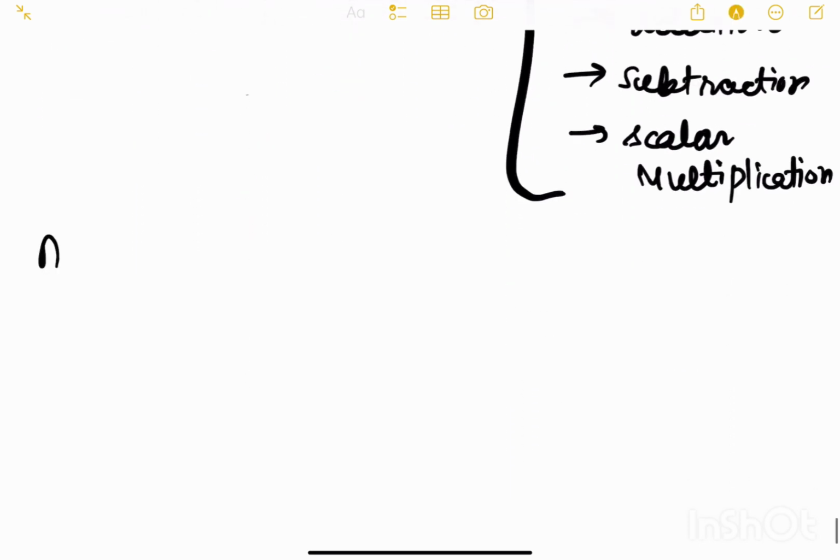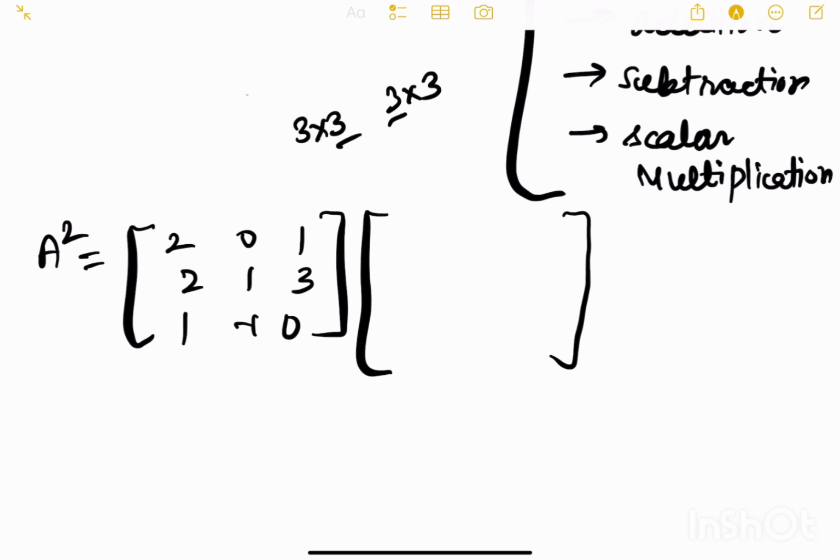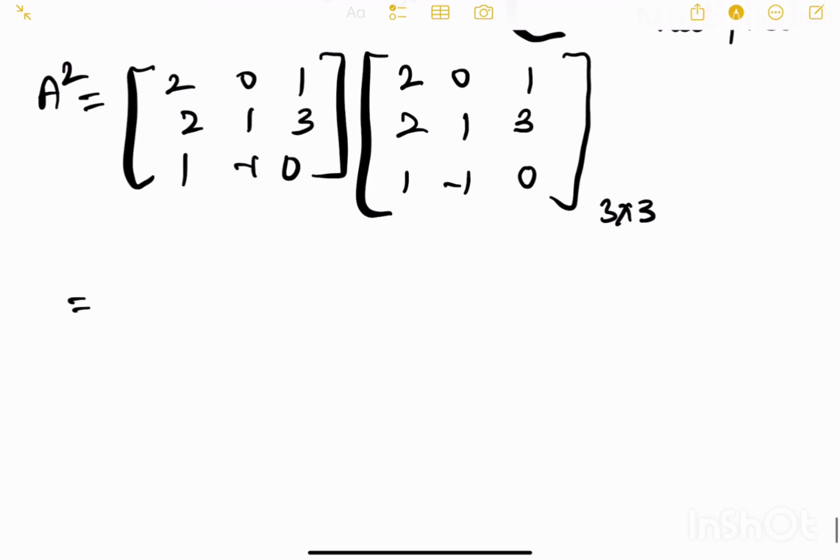So we know that what is my A square? We will just write down the matrix side by side. Now just remember that since we are multiplying A with A, the order will be same, right? This is my 3 cross 3 and this is my 3 cross 3. So the product is well defined and my resultant will also be a 3 cross 3 matrix. So if the order is same, you don't have to check manually whether the product is defined or not.